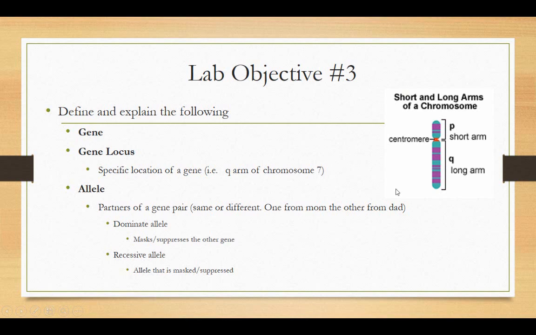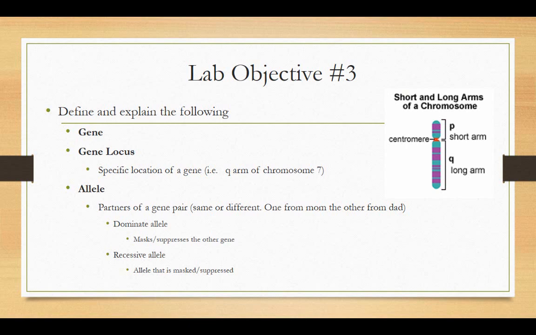So your mother's colored eyes compared to your father's colored eyes will be on the same gene pair, but of course your father's or your mother's may be dominant over the other. We'll get into that here. The dominant allele essentially masks or suppresses the other.